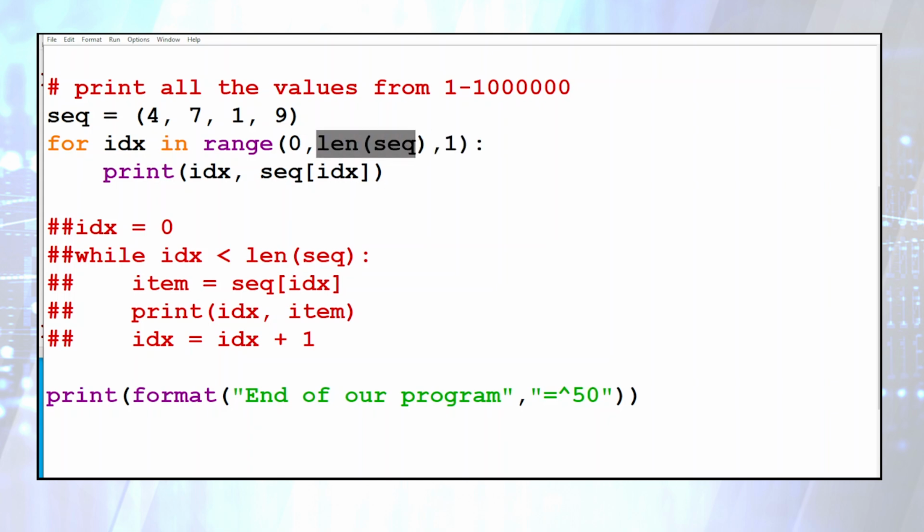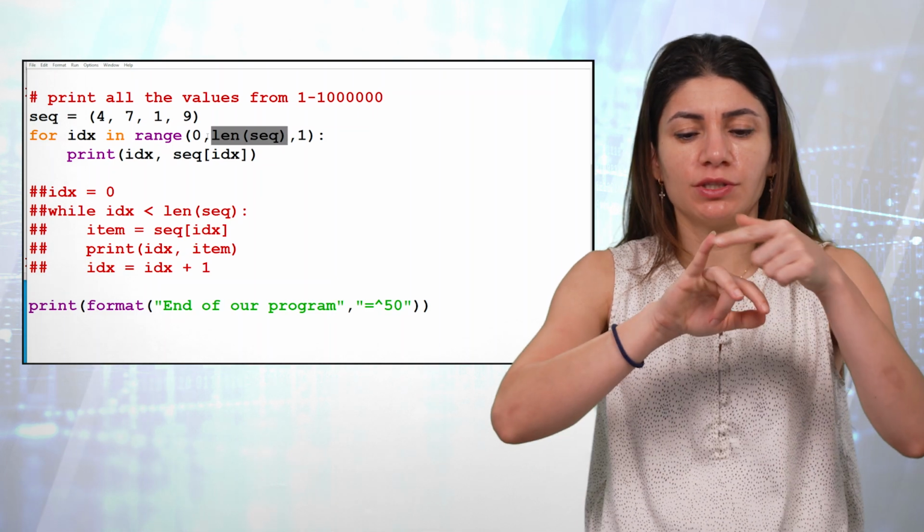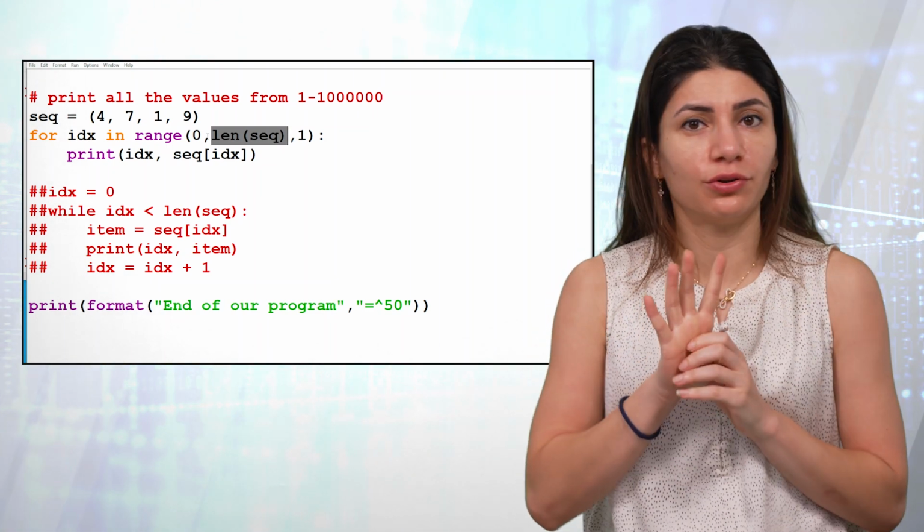Say, okay, whatever that length is, I want you to use that as a stop value. And that is another nice thing about why stop value is not included, because length value gives you the number of items that you have. So you have 4 items here, and the length is 4. So if you go 0 to 4, that means index number 0, 1, 2, and 3, not including 4.